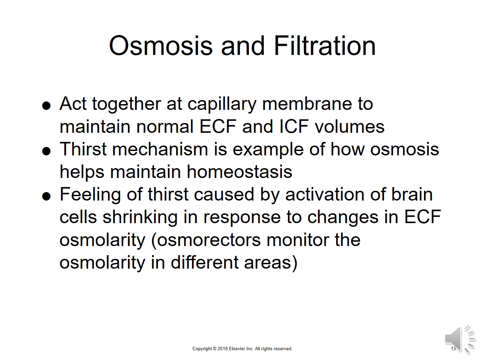These are osmoreceptors that monitor the osmolarity in different areas of the body. So in other words, the fluid outside of the cell becomes more concentrated. Water flows out of the cell into the extracellular fluid to try and dilute it back to normal.